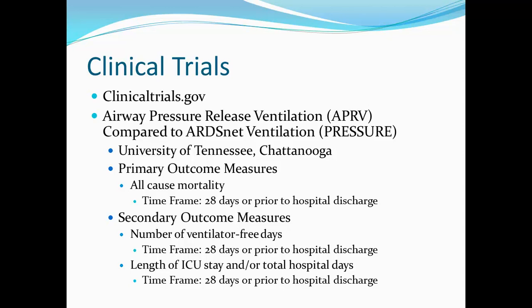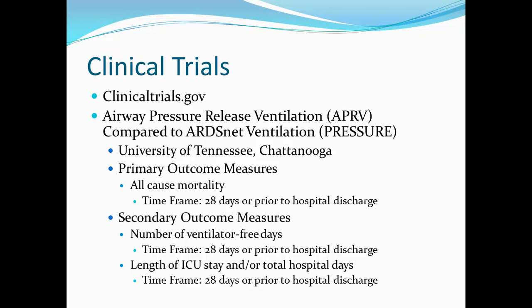So one of the things that I've talked about previously is the evidence and the lack thereof. When you go to clinicaltrials.gov and search for APRV or APRV and ARDS, you will find a few studies that are currently recruiting patients. This study, APRV compared to ARDSNet ventilation, is from University of Tennessee at Chattanooga.